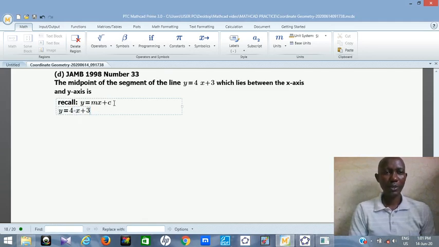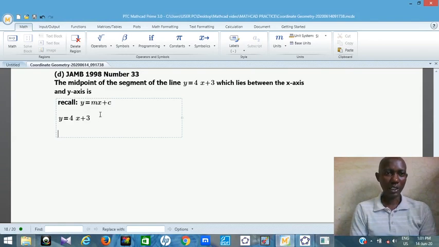If you compare both of these equations, the general equation and the one the question is giving, you will see the gradient is 4, and the y-intercept is 3.